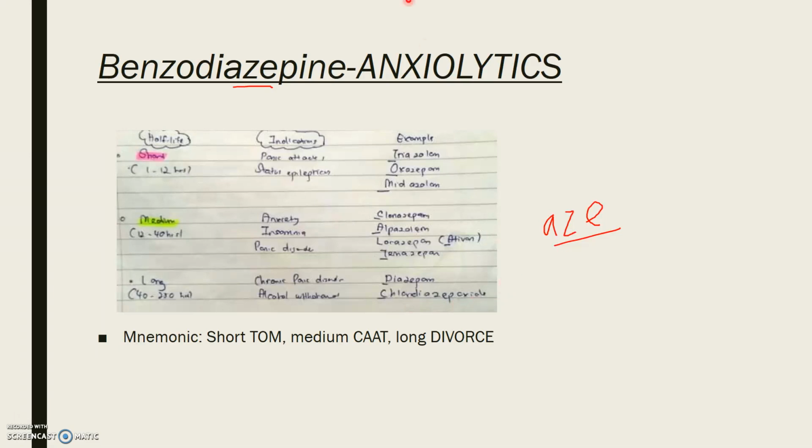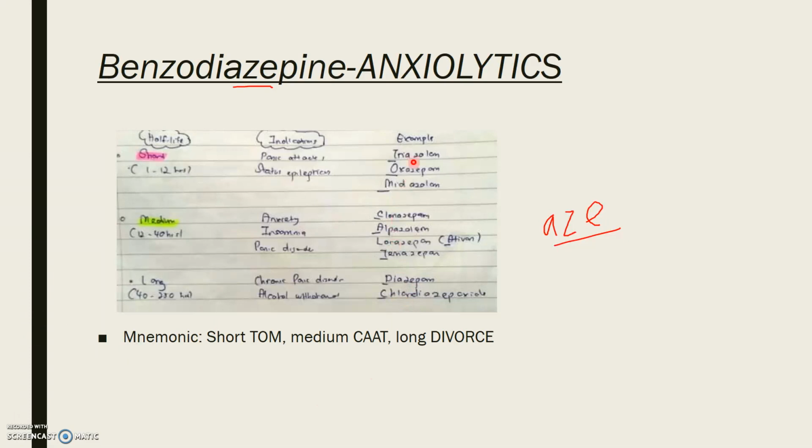So you have to remember this mnemonic: short Tom, medium CAAT, long divers. Short TOM, medium CAAT. Ativan, or lorazepam, is also known as Ativan, CAAT, and long TC.